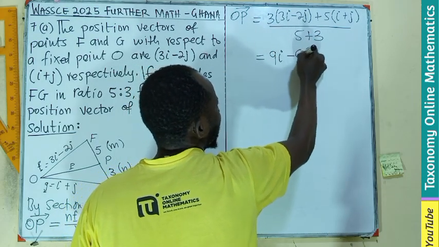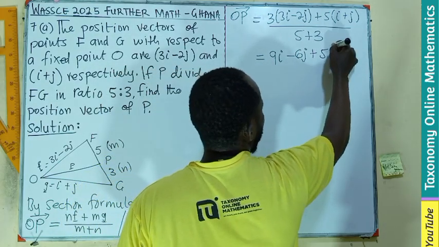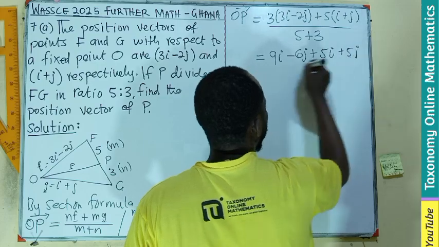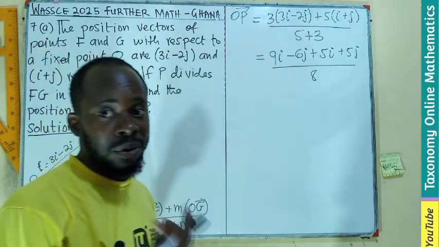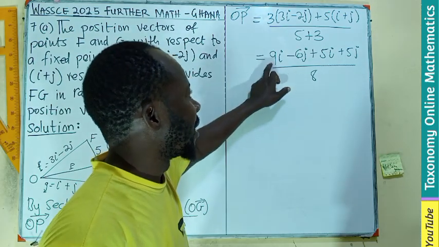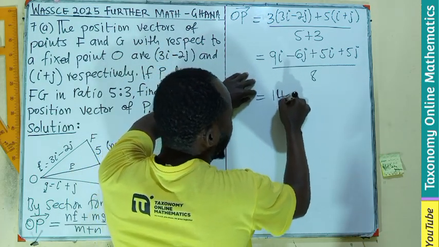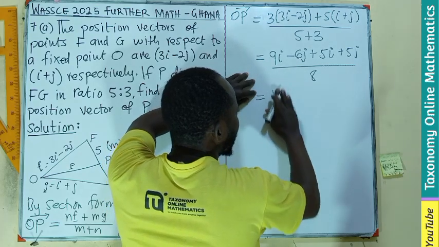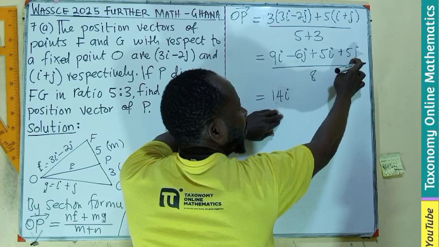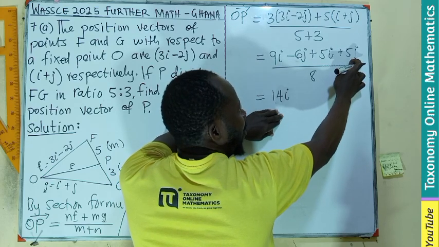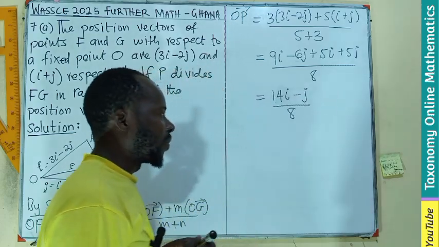All right. Fast forward, let's expand: 9i minus 6j plus 5i plus 5j, divided by 8. Let's group like terms in terms of the i and the j. So 9 plus 5 is 14, so 14i. Then minus 6 plus 5 will be minus 1, so minus j, still divided by 8.